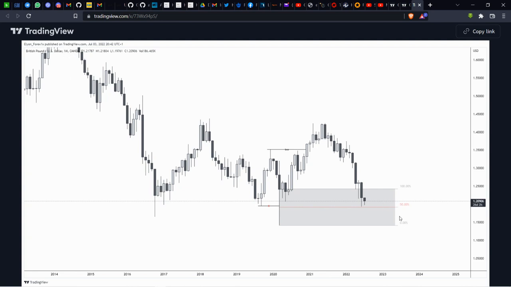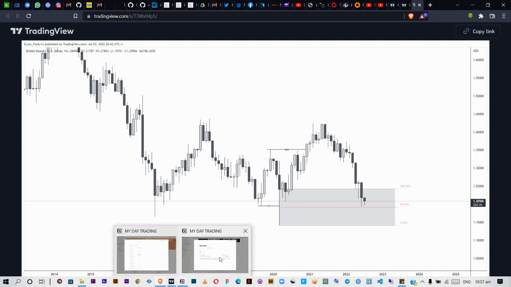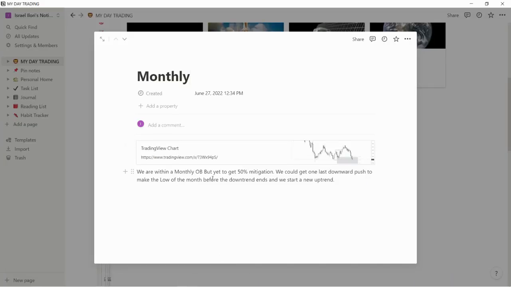So I was anticipating the 50% mitigation of this monthly order block, and I noted it here. I said we are within a monthly OB, but yet to get 50% mitigation. We could get one last downward push to make the low of the month before the downtrend ends and we start a new uptrend. That was just what I was looking for on the monthly.